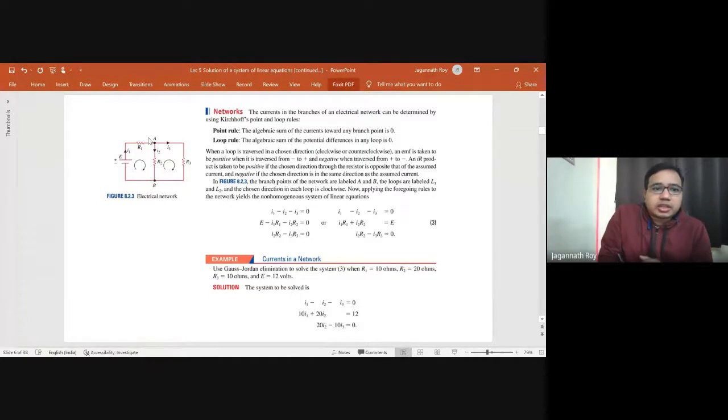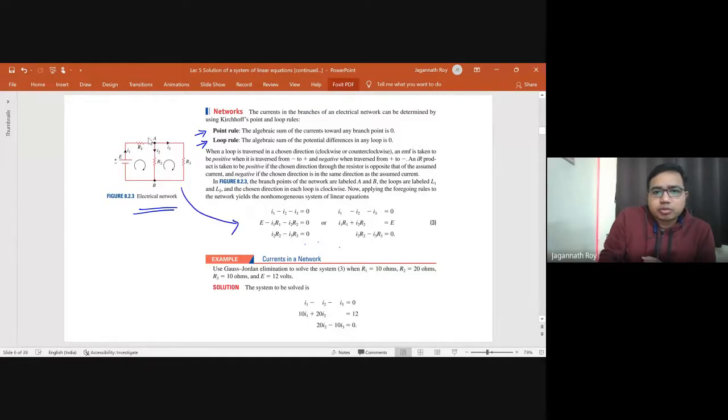This one is an electric network. For an electrical network, we may have a point rule and a loop rule. There will be current passing through the circuit. The variables are I1, I2, and I3 in that circuit, so we can get a system.